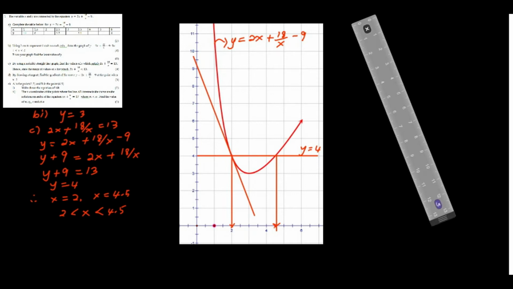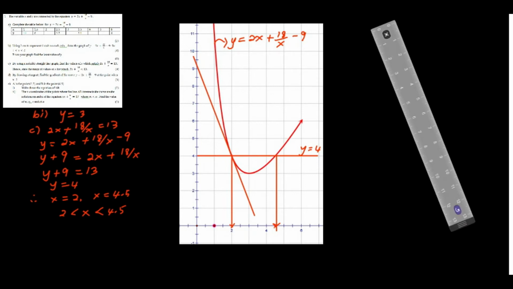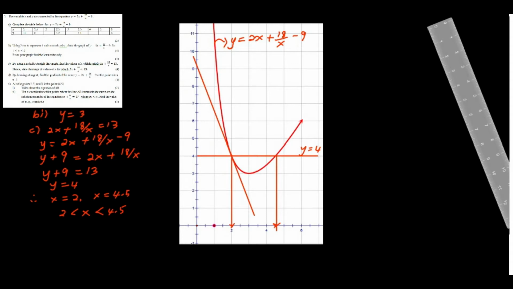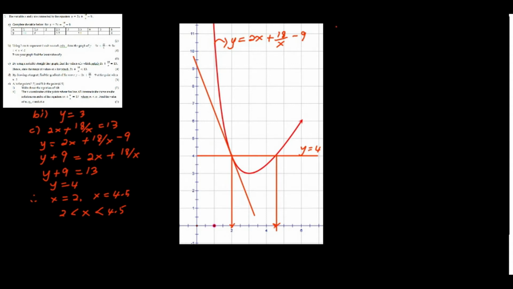Look at this, my tangent here. You can see the gradient is, I'm using the points (2, 4) and (0, 9).